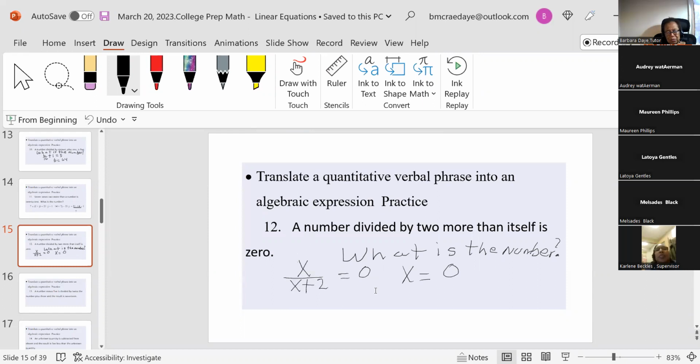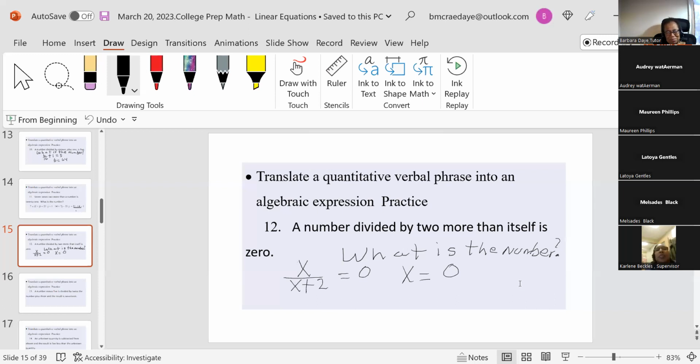2 more than itself means the number you pick here is the same as the itself. So if this is an x, this is an x. If this is a y, this is a y. So whatever variable you pick here, that's the itself variable.